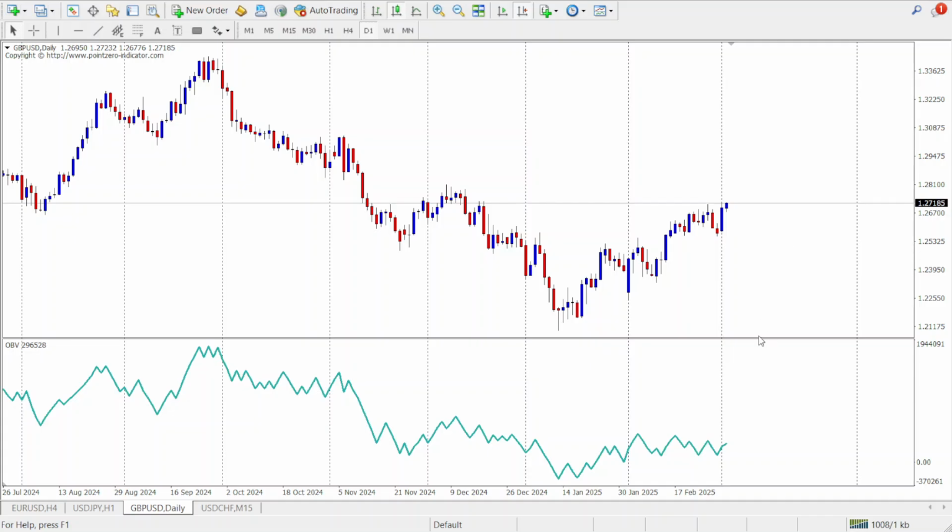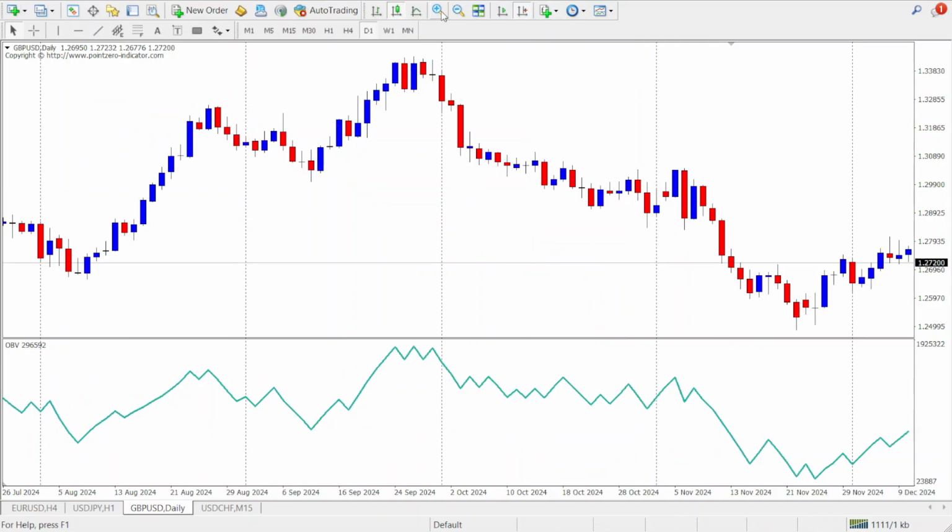Alright, let us start with the basics. What exactly is on-balance volume? The OBV is a momentum-based indicator that measures volume flow to predict price movement. It's pretty simple. When the price closes higher than the previous day, that day's volume is added to OBV.